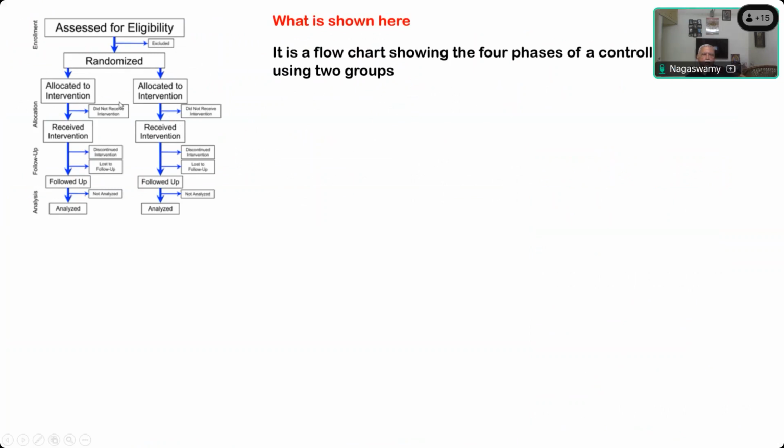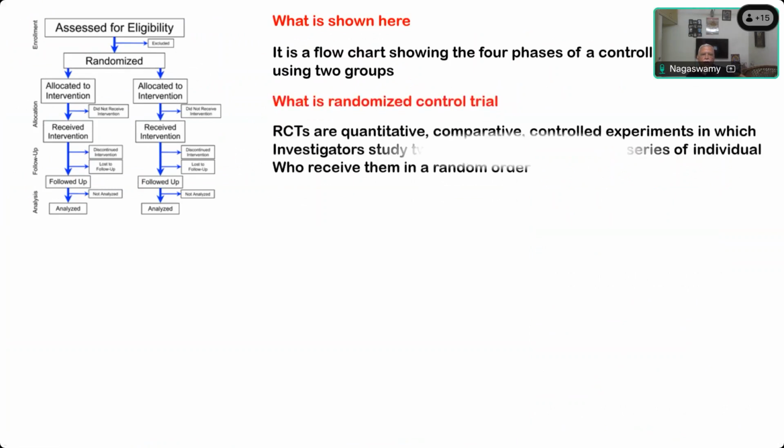In one of the OSCE questions, I found this flow chart being given, and then the questions were asked. And what is randomized controlled trial? RCT is a quantitative, comparative, controlled evidence in the investigations to study 2 or more interventions in a series of patients who receive them in a random order. That is the most important.